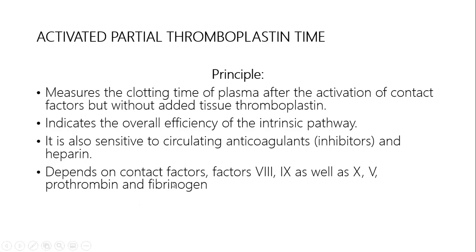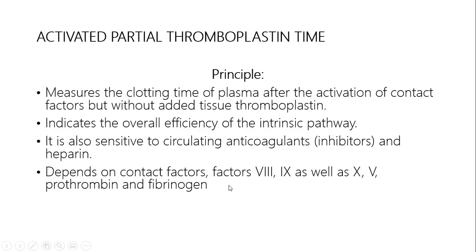Your APTT depends on contact factors such as your prekallikrein and your high molecular weight kininogen. It is also dependent on factors 8, 9, as well as factors 10 and 5, the prothrombin factor or factor 2, and your fibrinogen.